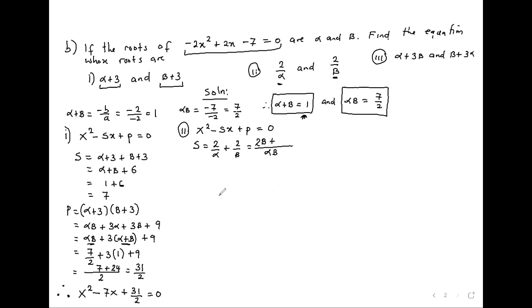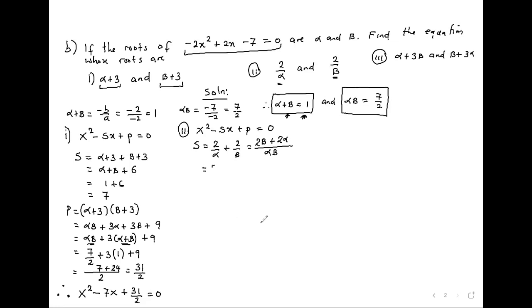Plus. What is alpha beta divided by beta? We get alpha. 2 times alpha, we have 2 alpha. So on top there we have 2 beta, 2 alpha. What we know is alpha plus beta.